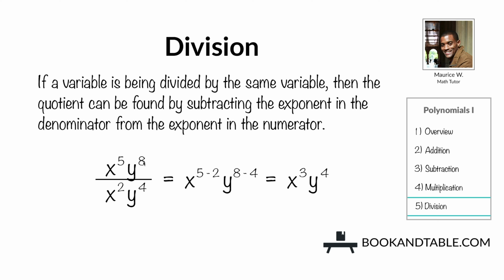And y to the 8 divided by y to the 4th is equal to y to the 8 minus 4. And that would be equal to 4. So you divide coefficients by coefficients, and you divide variables by their like variables by subtracting the exponents in the denominator from the exponents in the numerator.